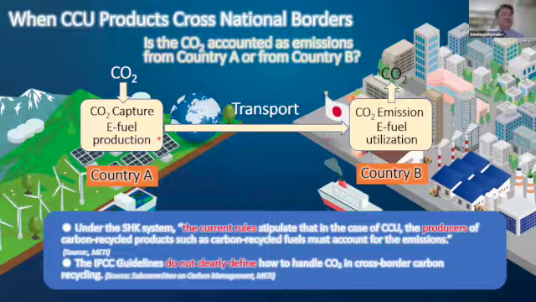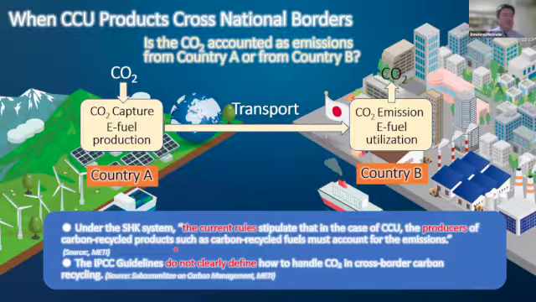If CO2 is captured and converted into a fuel in country A, this CCU fuel will be transported to country B, for example Japan, and CO2 will be emitted when this fuel is used. Now, my question is, will this black CO2 be accounted as emissions from country A or from country B? Right now, we have this kind of SHK system inside Japan.